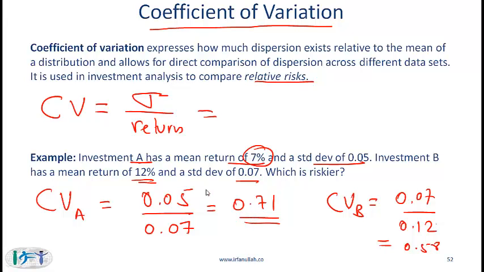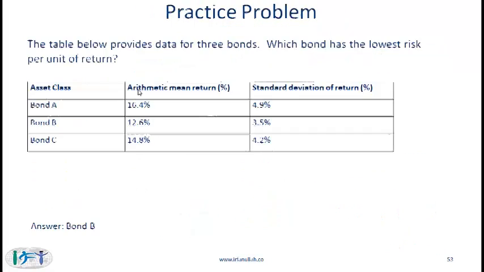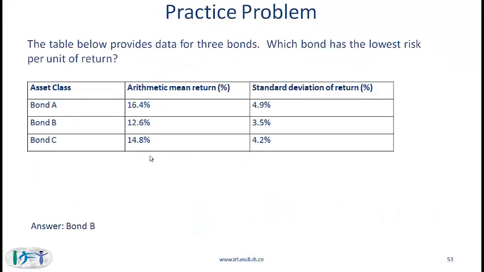In case you forget whether the numerator or the denominator is the variation in the formula, the simple way to think of it is that the name is coefficient of variation. The emphasis is on variation, so we use variation or the standard deviation in the numerator. Now look at this example where you are given 3 bonds and you need to figure out the coefficient of variation for all 3.